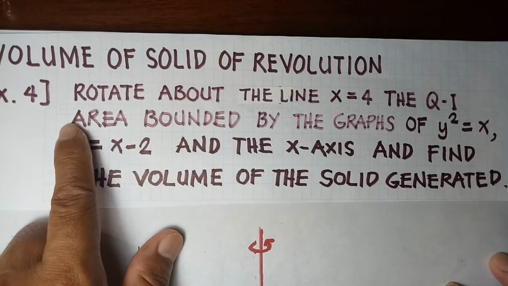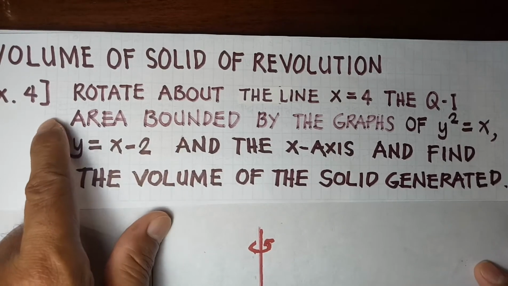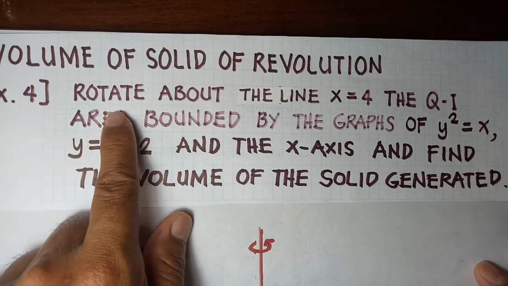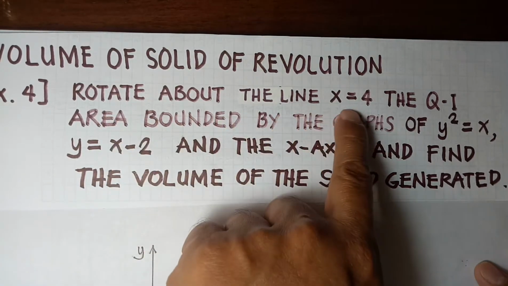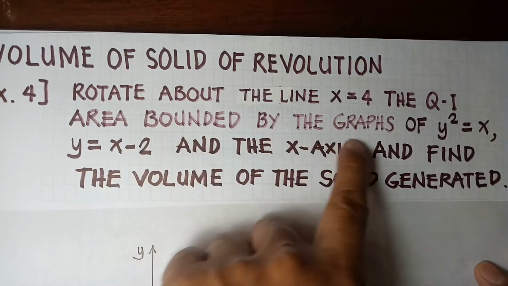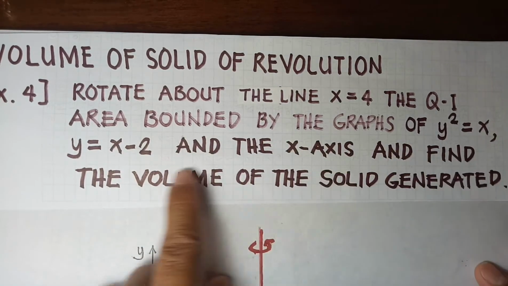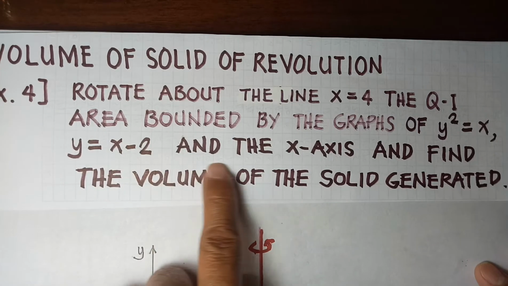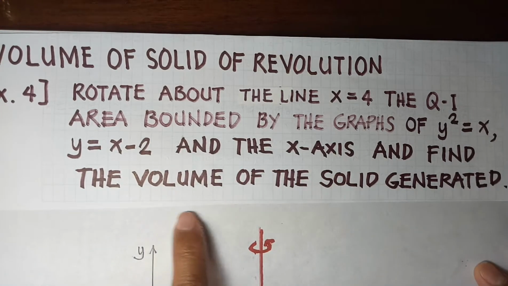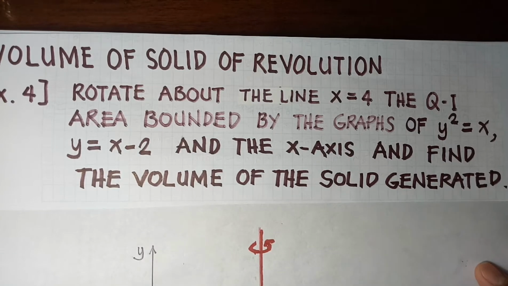Let us have another solution to our example number 4 in volume of solid of revolution. Rotate about the line x equals 4 the quadrant 1 area bounded by the graphs of y squared equals x, y equals x minus 2, and the x-axis, and find the volume of the solid generated.